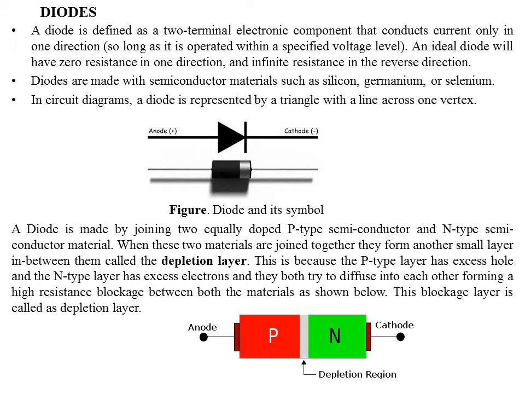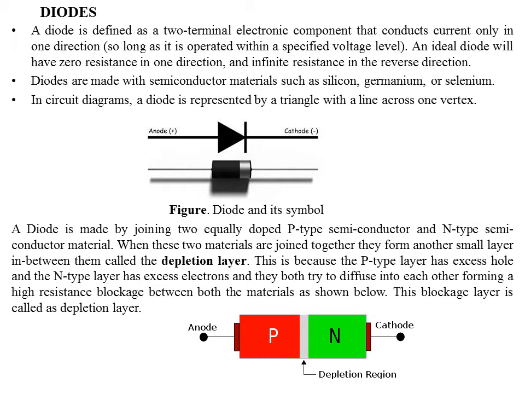The diode is made up of two types of semiconductor materials, a p-type and an n-type semiconductor material. As seen in the figure, the p region is indicated by red color and the n region by green color. These two materials are joined together to form one more small layer in between, called the depletion layer.